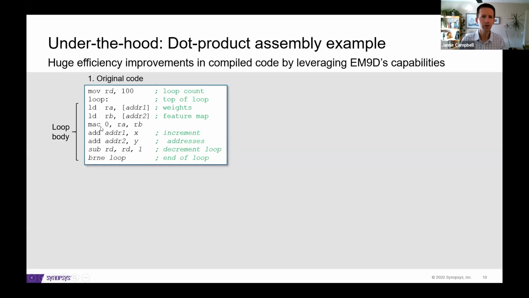Then we implement our multiply accumulate instruction and store the results into the accumulator. The next step is to increment each of our address pointers. Then we decrement the loop counter, and if that loop counter is still non-zero, we have a branch instruction back to the top of the loop.